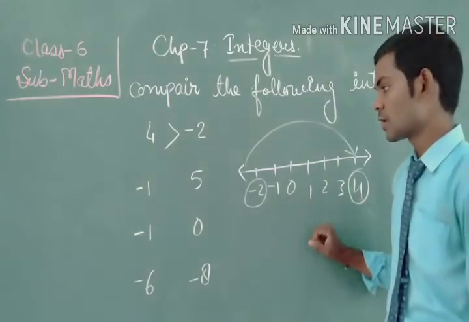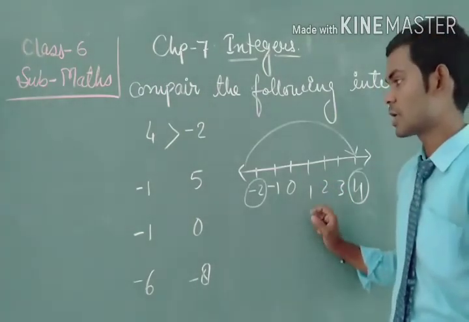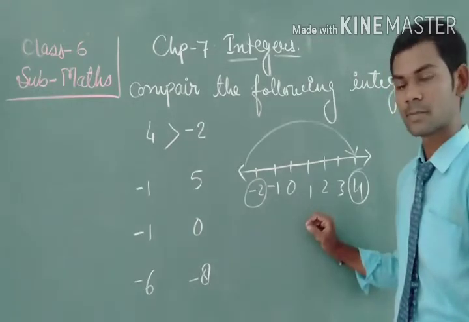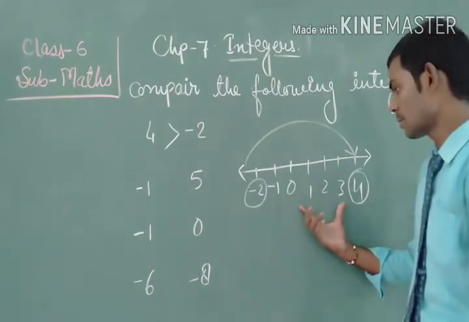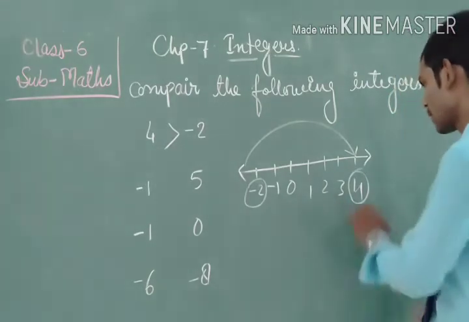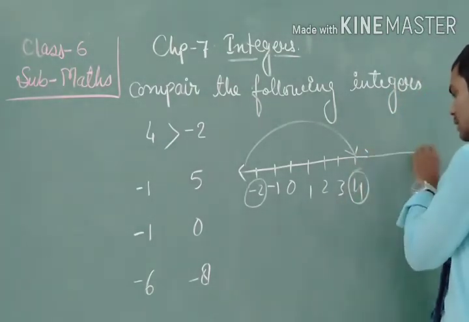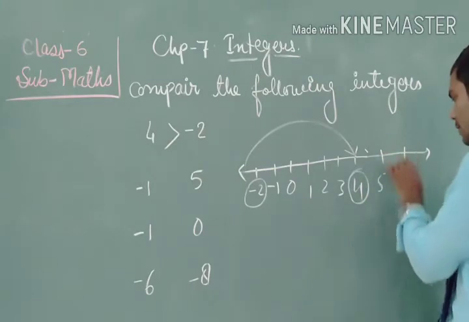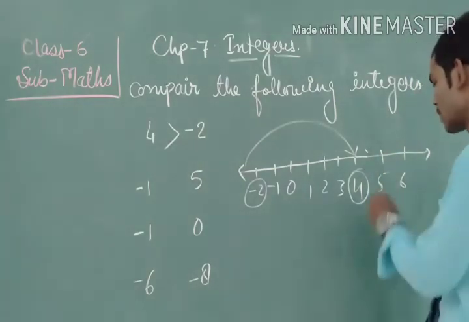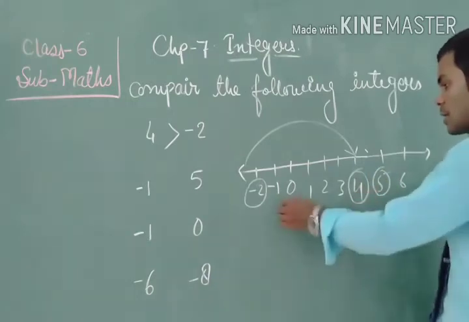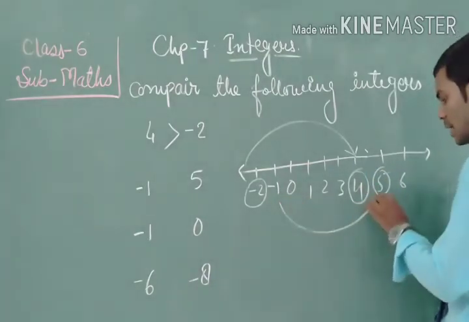Similarly, in the second question there is -1 and 5. Just see in this diagram, if we extend this line like this, 5, 6 and so on, then we can see that the number 5 lies on the right side of -1.